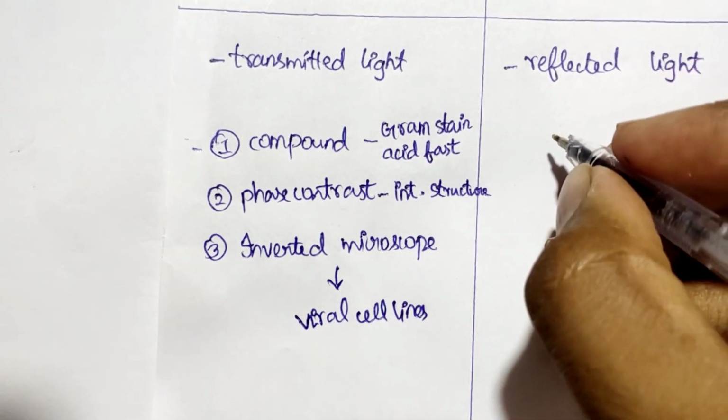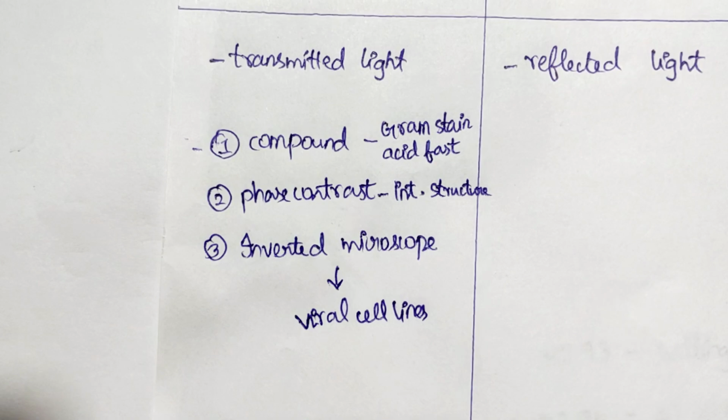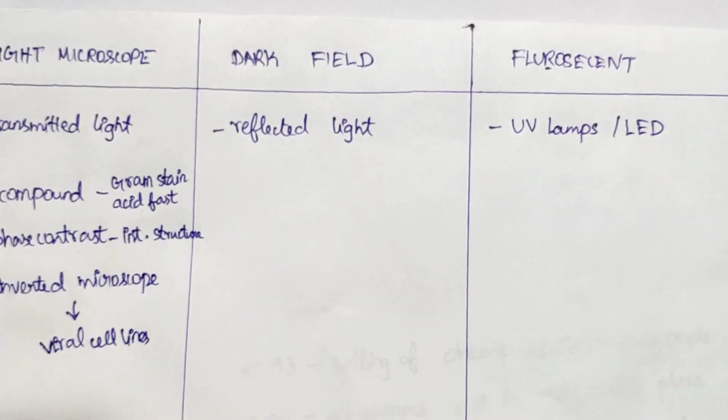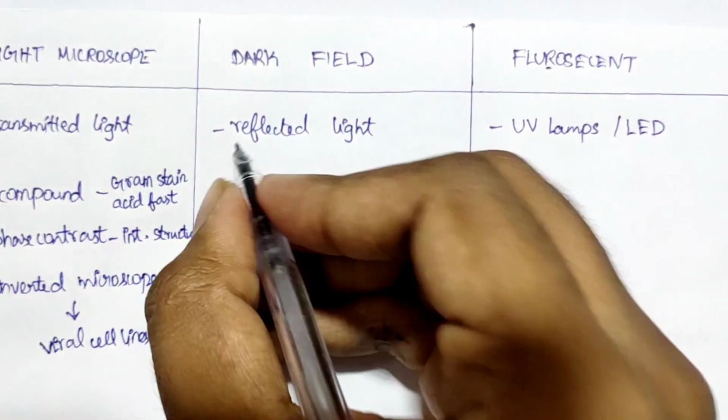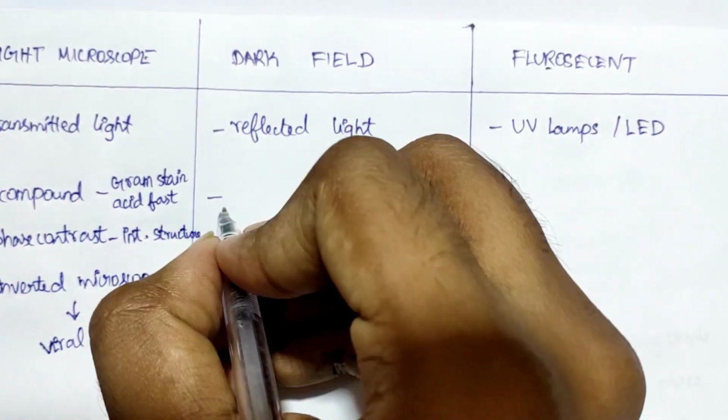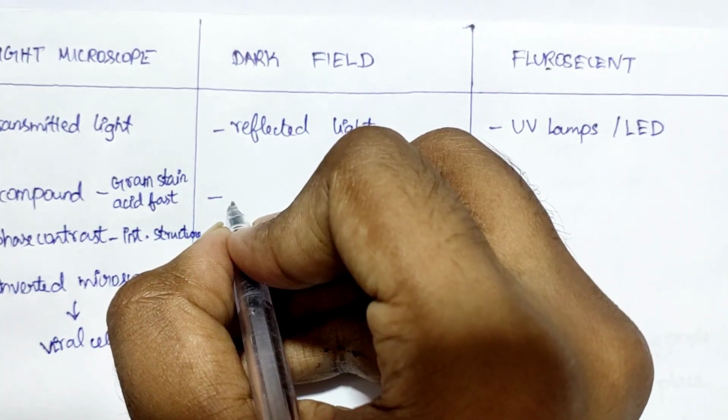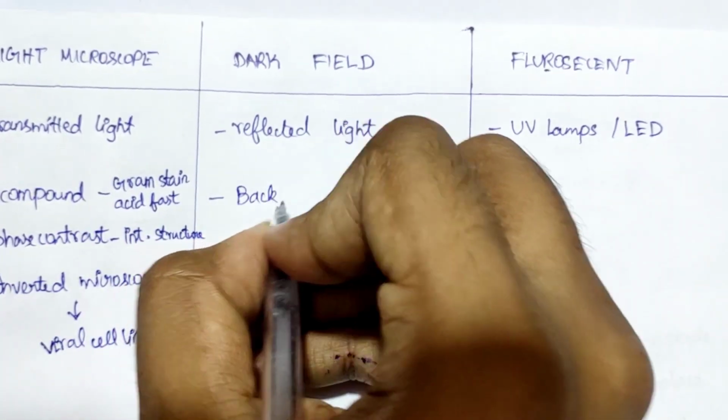And the next, dark field microscope. The dark field microscope has no types. Why is it called dark field microscope? It is called dark because it has a dark background.